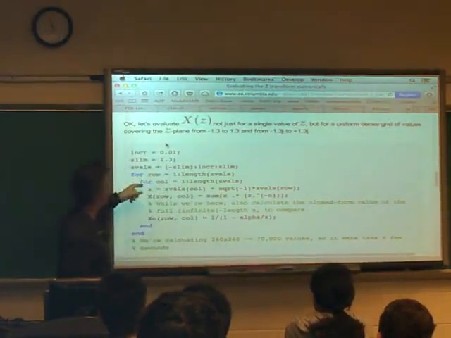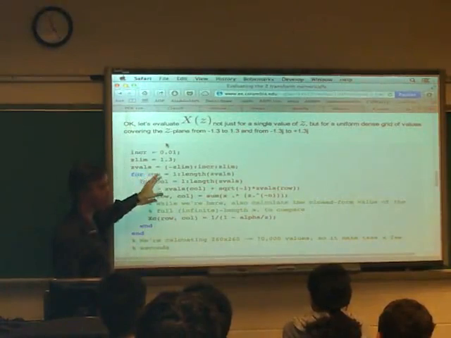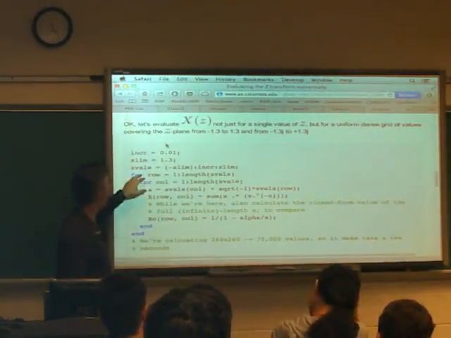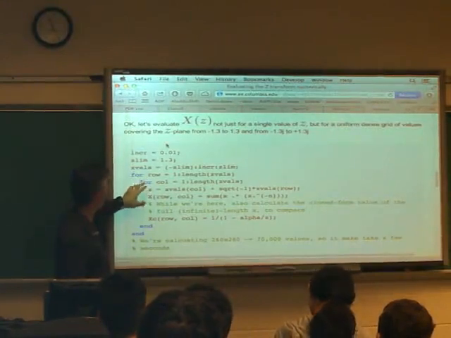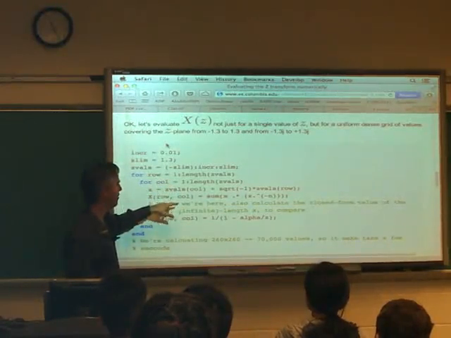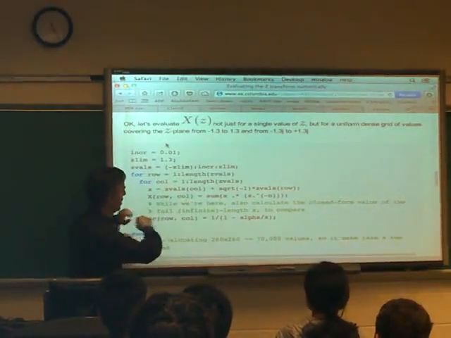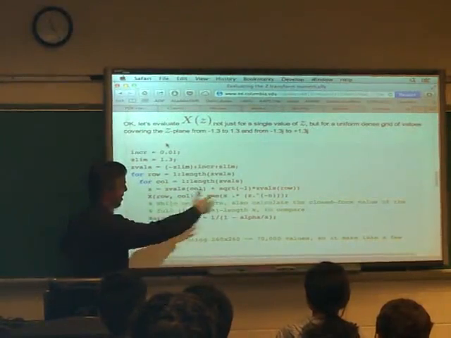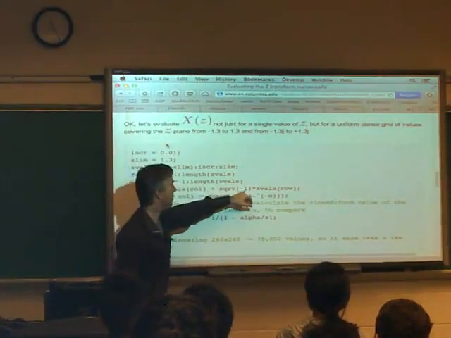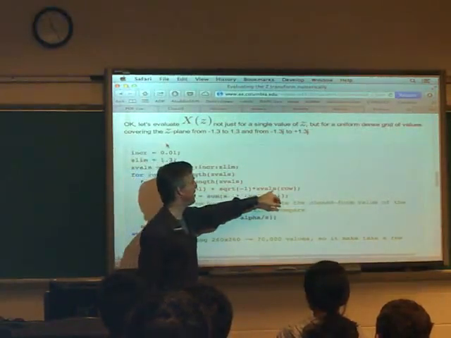So I've got two for loops here, which are basically row and col, but they could be real and imag. And I'm calculating a value for each one, for the inner part of these two loops. I'm calculating z as a real part, which is the z-val for the column, because the real axis is the x, which is the column of some big square thing. And then also square root of minus 1, j, times the z value for the row.